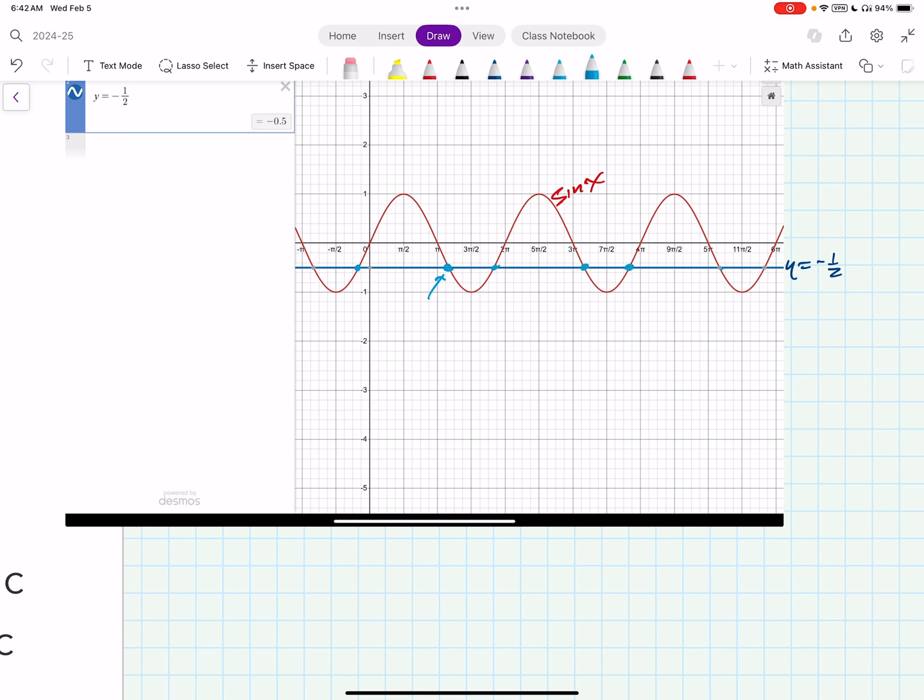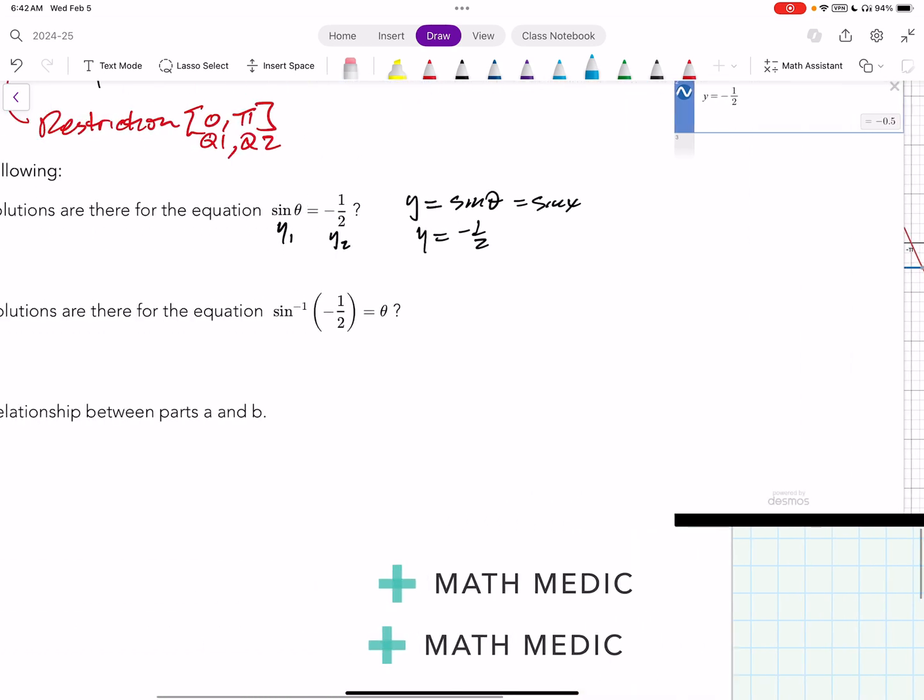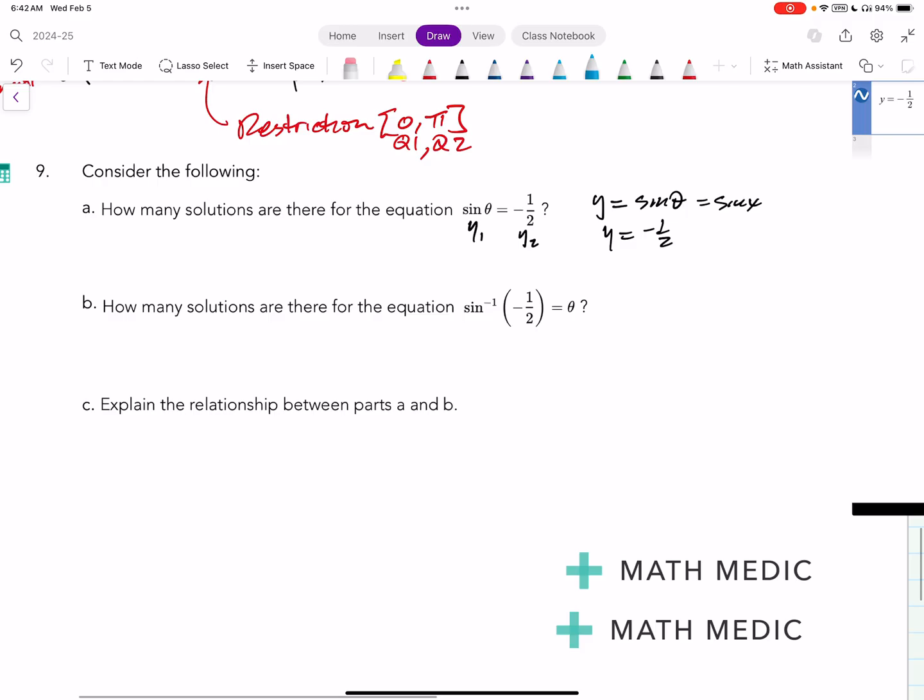It has an infinite number of solutions, because the sine function oscillates forever. So equations involving trig functions have an infinite number of solutions. Now, when you're asked to take the inverse sine of some number, you're looking for one value, because inverse sine functions are restricted.